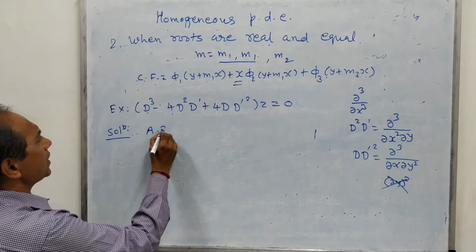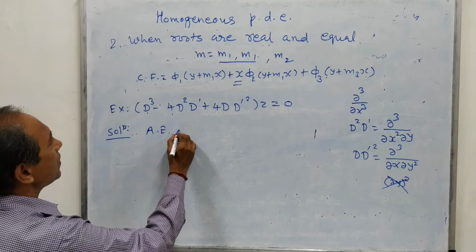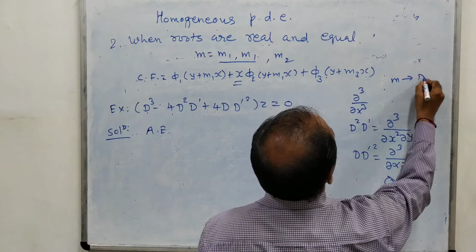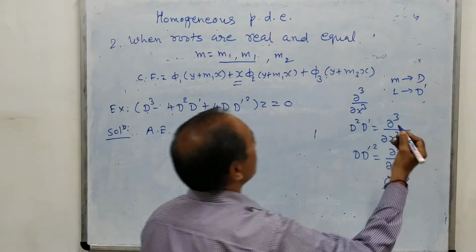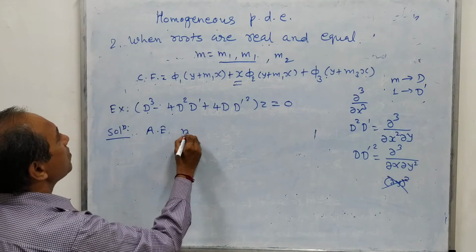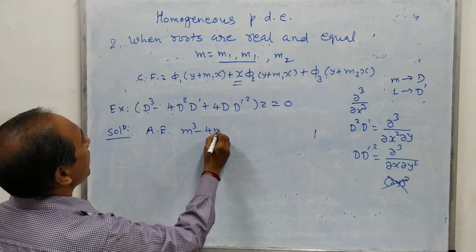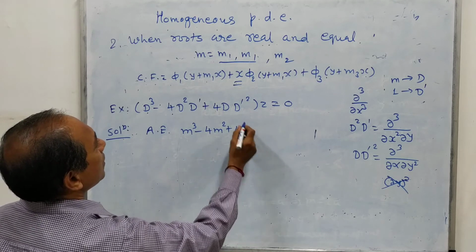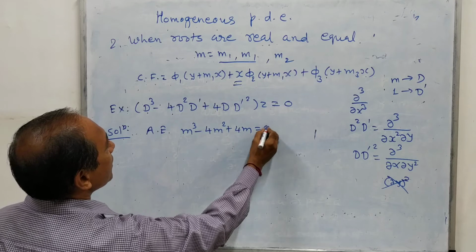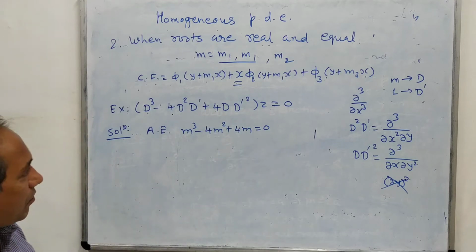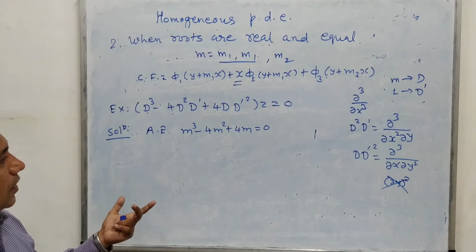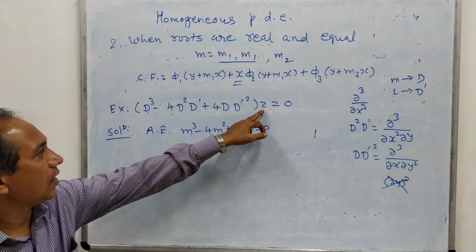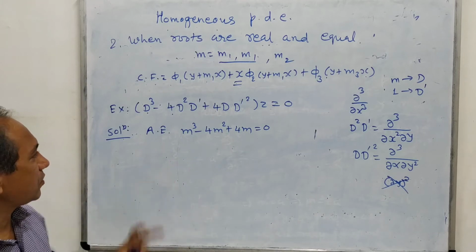We don't need to write this out. We can write the auxiliary equation directly. So we put m for D and 1 for D dash. This is very easy. So m^3 - 4m^2 + 4m = 0. Don't write z, because by mistake, when you are in a hurry, you may write z, but this is not proper.